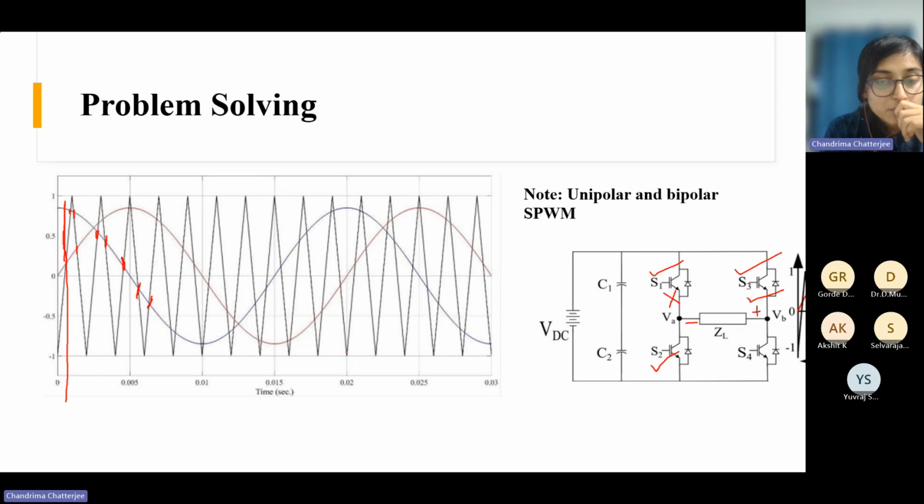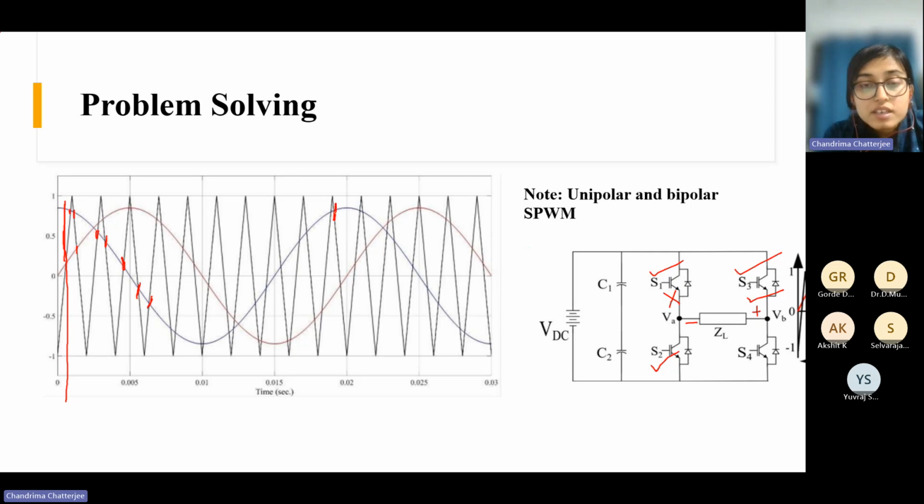You were telling at 0.02. Yes, ma'am. So at 0.02, starting from this portion, the blue one is basically higher, right?